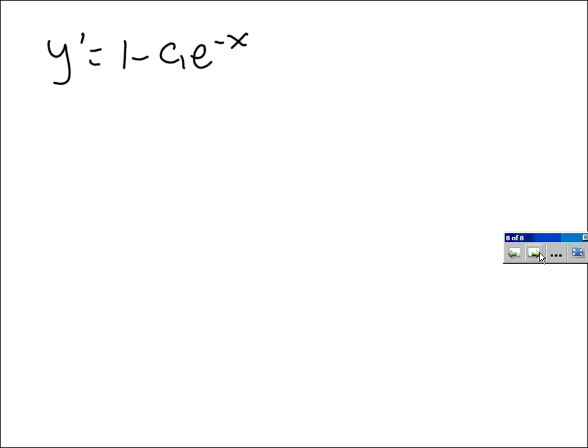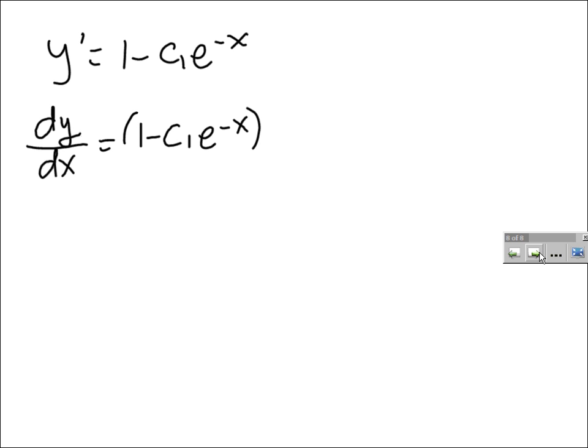Okay, so now what I'm going to do is separate this or solve this. dy dx is 1 minus c1 e to the negative x. I'll bring the dx up here. So now it's separable and we can solve this.